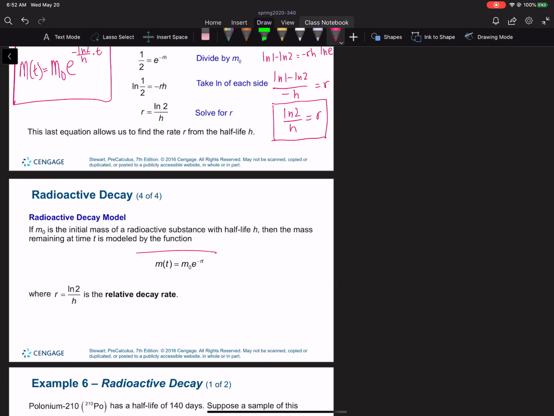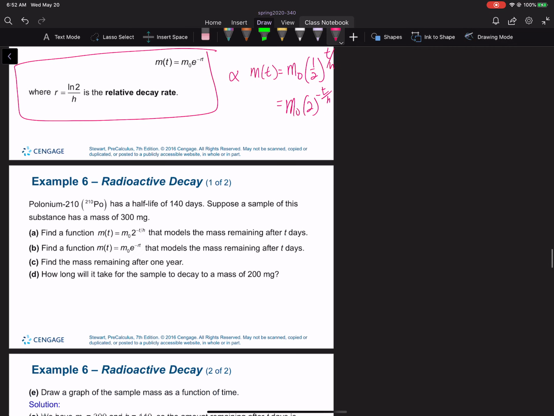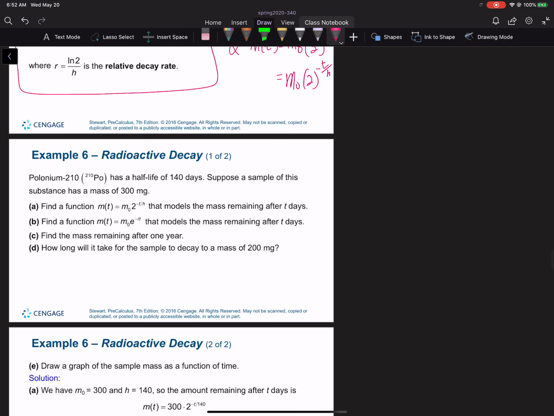So they talk about the two definitions. We have this definition over here, and we have our intuitive understanding, which is m naught (1/2) to the t over h, or you can write it out as m naught 2 to the negative t over h. Okay, so let's look at this quick example over here, and let's see how we solve these problems.